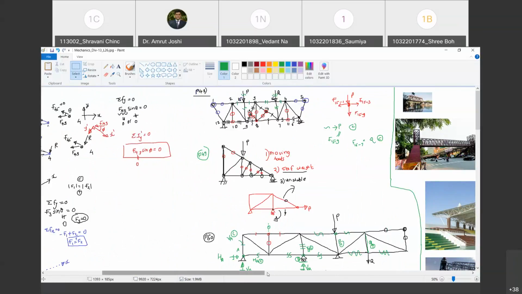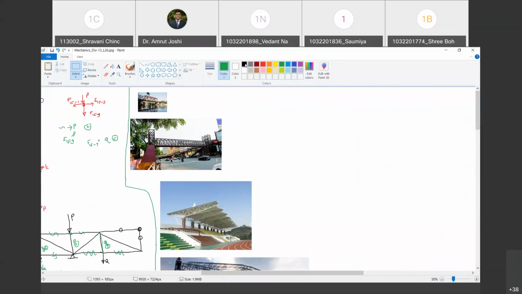Are you with me? Yes, sir. So in trusses, you will find that in a member, if you compare the force induced due to self weight and the force induced due to external load, the force induced due to external load is 98%. Only 2% is the force induced due to self weight that we are neglecting. Are you with me? Yes, sir.